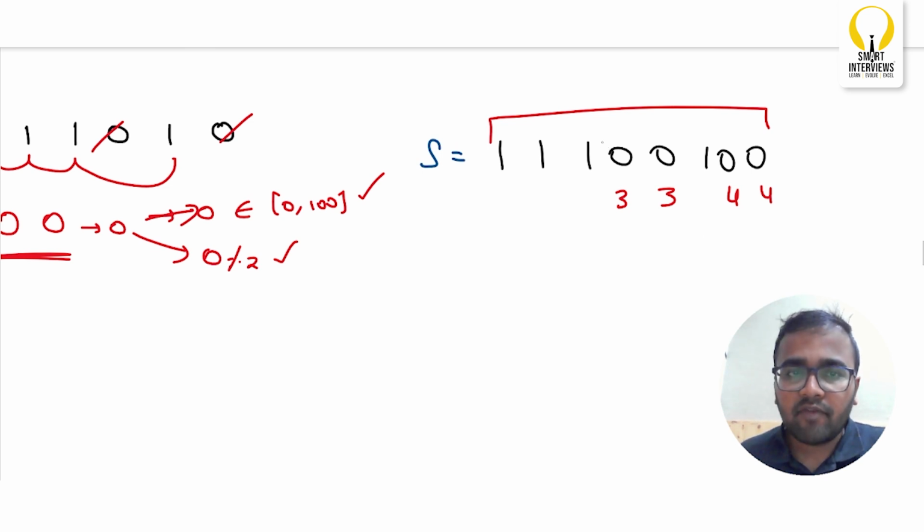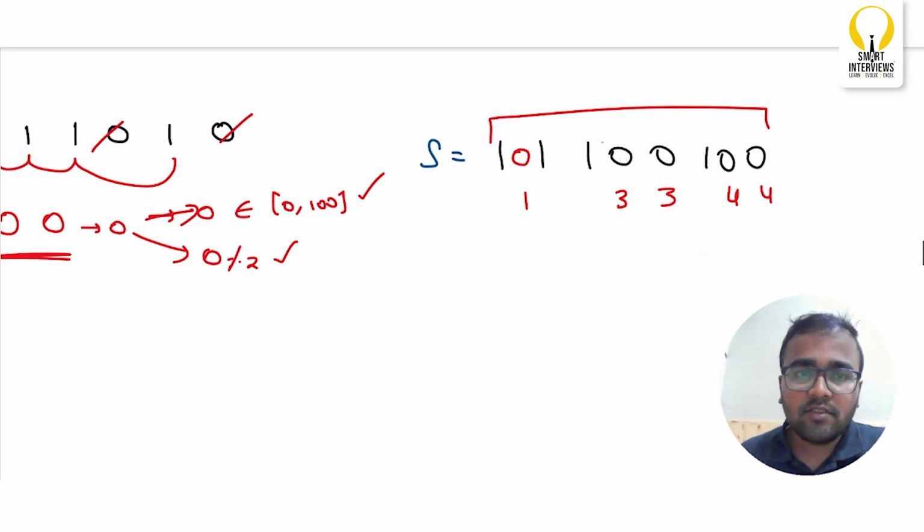Fine. But what if I give you 0 here? If I give you a 0 here, will it work? With respect to the 0, one more inversion. So total number of inversions are 6 plus 8 plus 1, which is 15. Is it divisible by 2? No. But if you observe, I can take two subsequences definitely.